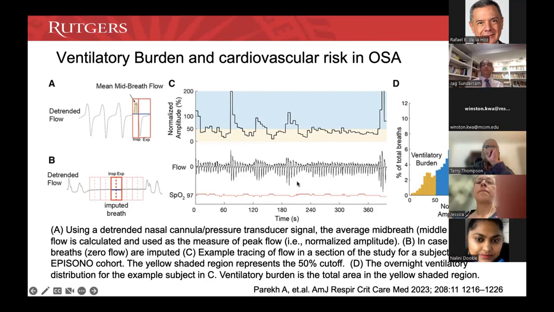So he looked at, if you have a normal amplitude of ventilation, but then you have a decrease in this ventilation, that leads to what they call the ventilatory burden. So, for instance, if somebody had an apneic event, they have zero ventilation, a zero flow, and that ventilatory burden is extremely high.